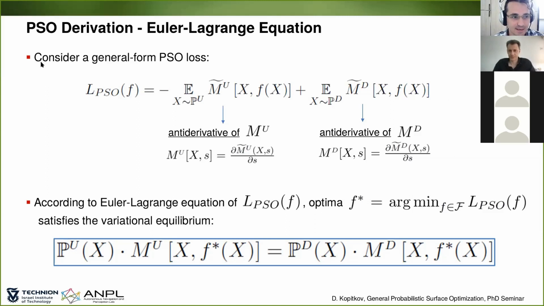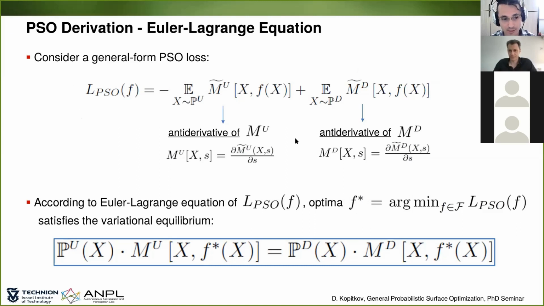And then there is a place where I'm talking about this function being differentiable, and then all this framework goes into place. If I'm assuming this to be differentiable, then of course mu and md also have antiderivatives.